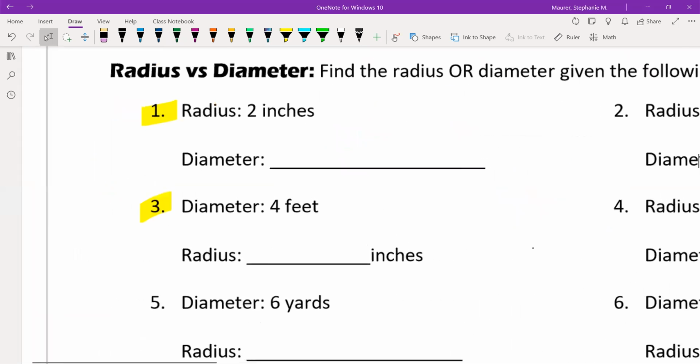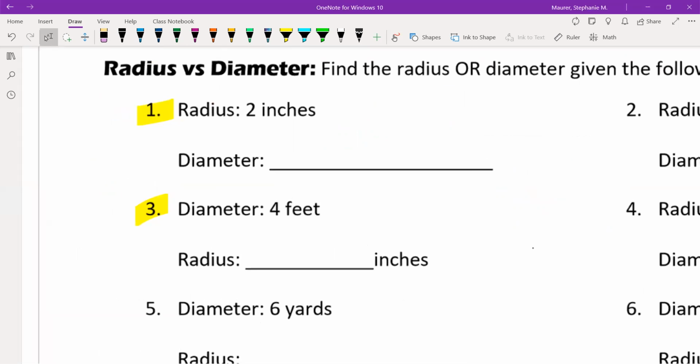So first off, we look at radius versus diameter. As a brief review, radius is the shorter word, which means it's the shorter measurement. So if I'm going from radius to diameter, we're looking to find the longer measurement. Anytime we go radius to diameter, we are multiplying by 2, which means our diameter is going to be 4 inches long.